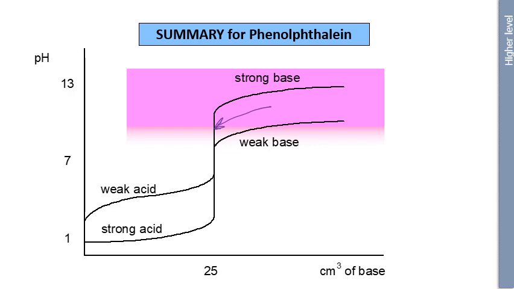The rise covers the pH range of most acid-base indicators. So all common indicators, such as phenolphthalein or methyl orange, can be used for such titrations of strong acids and strong bases.